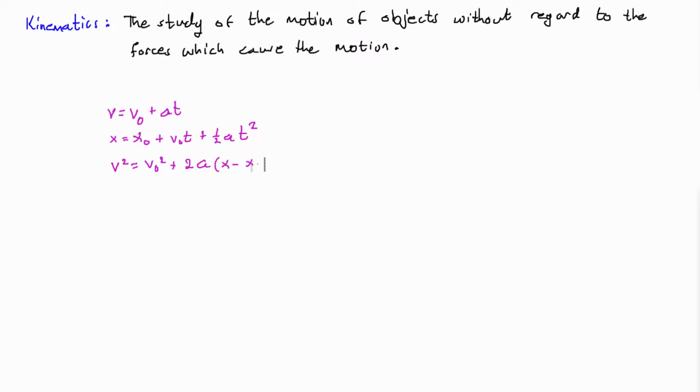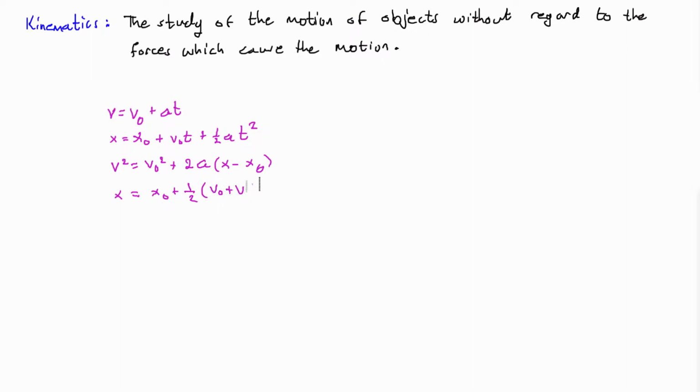Exactly. So this is just a variation of the V equation using the two previous equations, so this equation comes from these two. What else? And then the last one we have X equals X naught plus 1/2 open parentheses V naught plus V times T. Exactly.